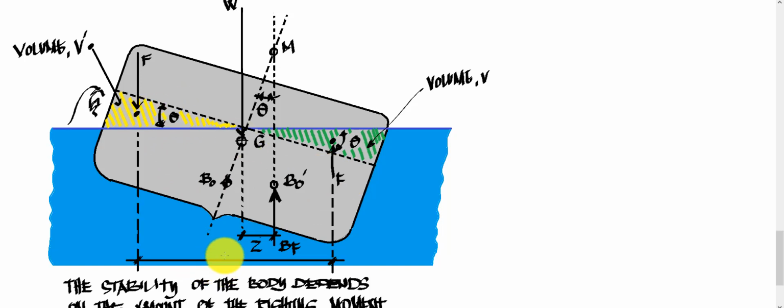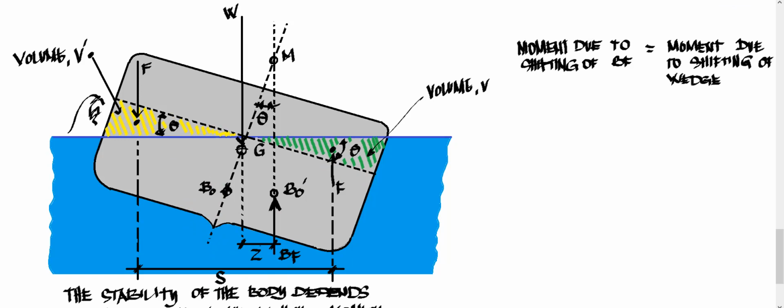So ito yung magiging ano natin, this will be your S. So the value of the moment of BF times Z must be equal to the moment of your F force times your S, which is the distance from this one. The moment due to the shifting of the buoyant force is equal to the moment due to the shifting of the wedge.